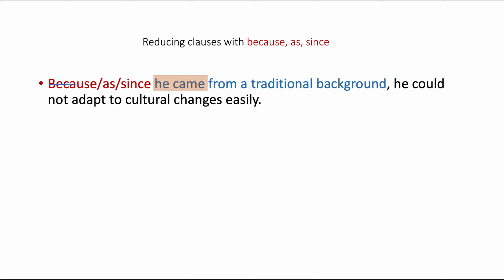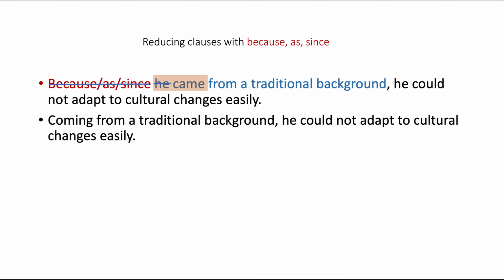You can easily reduce this by getting rid of the subject and changing the verb to the present participle, and then remove any subordinate conjunctions. And here is the result. Coming from a traditional background, he could not adapt to cultural changes easily.